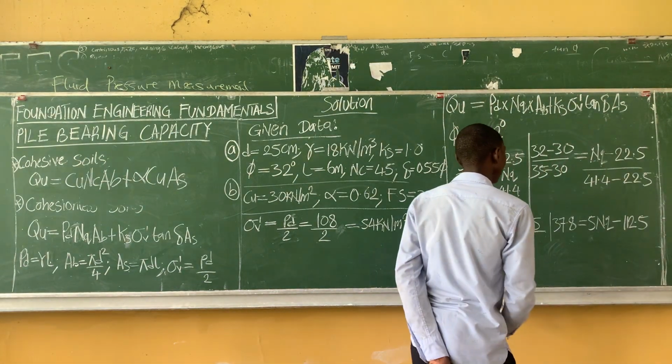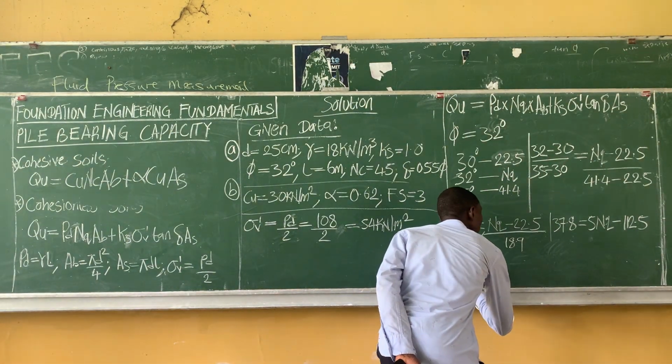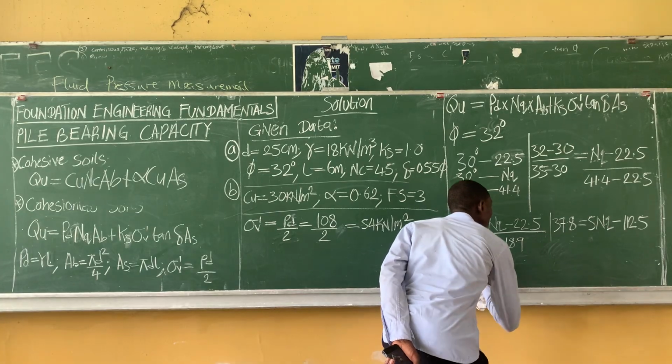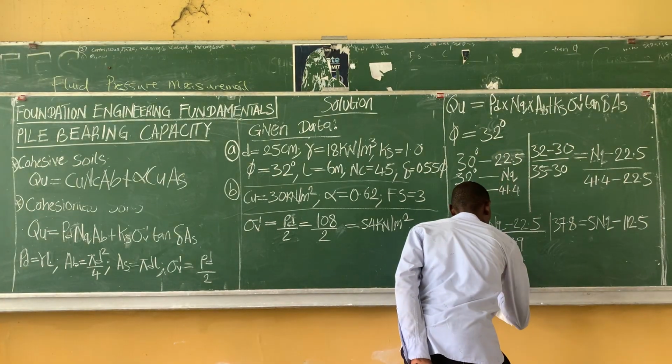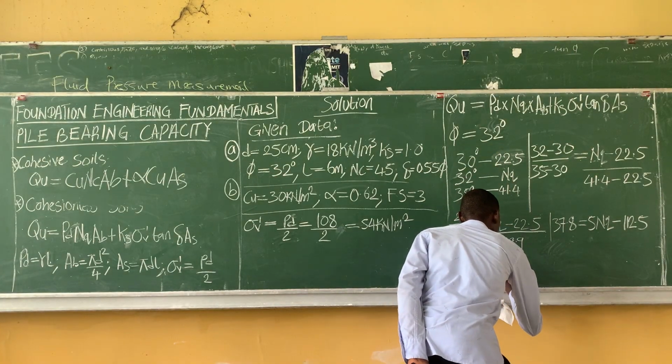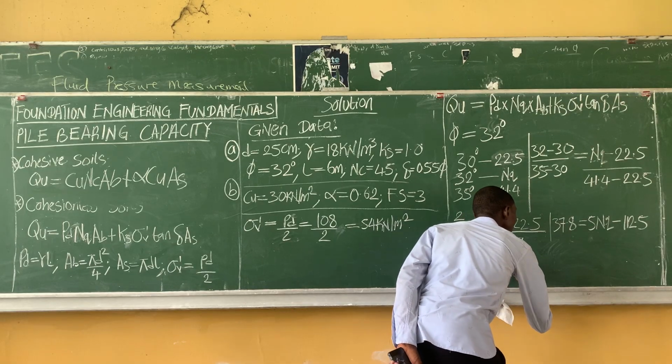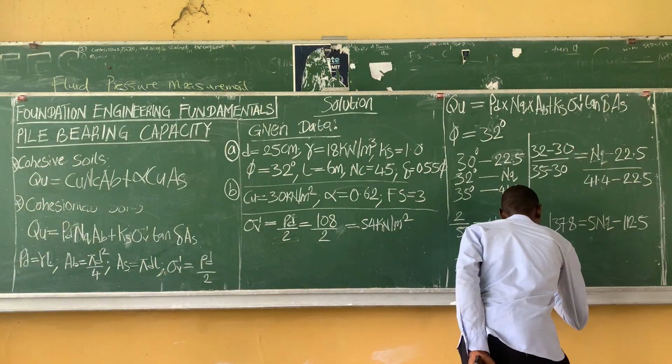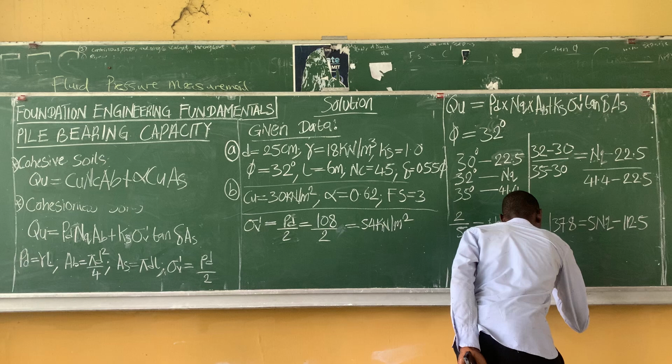Alright, so at this point, we simply cross this 112.5 over to the right hand side. So we have 37.8. Crossing this over, it becomes positive, plus 112.5 is equal to 5 NQ.